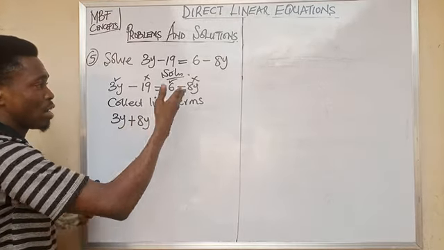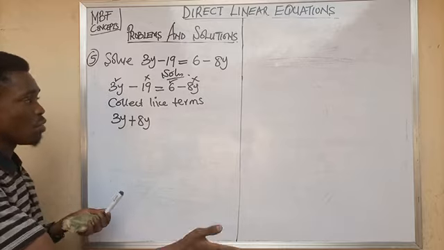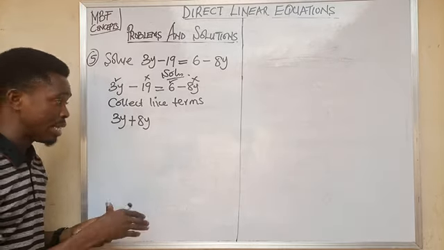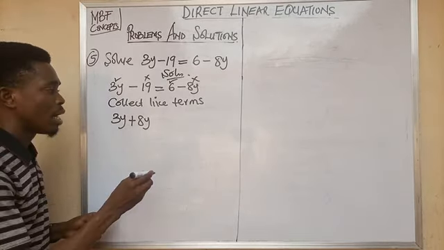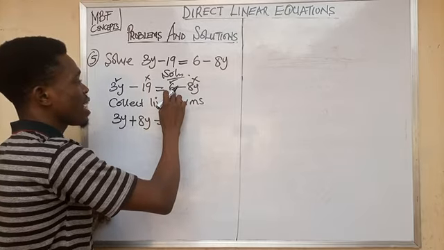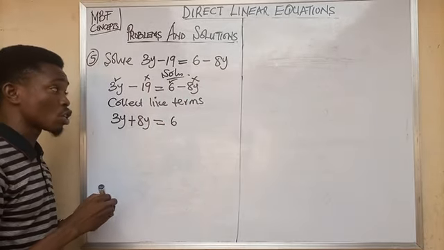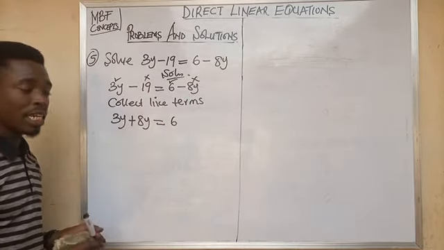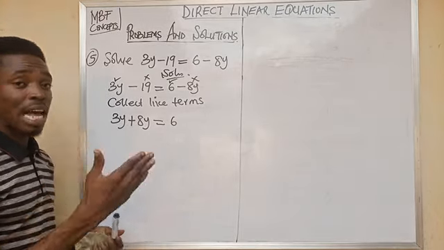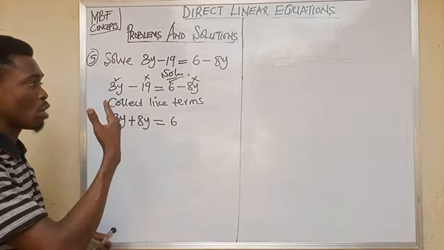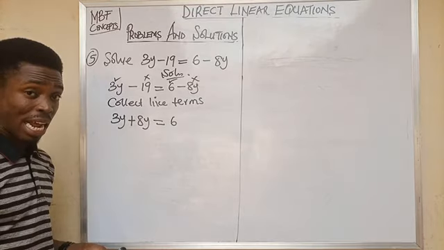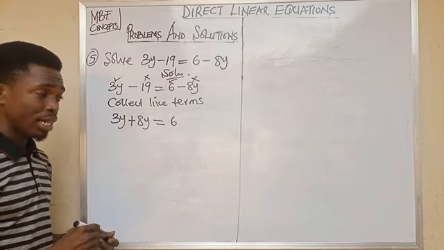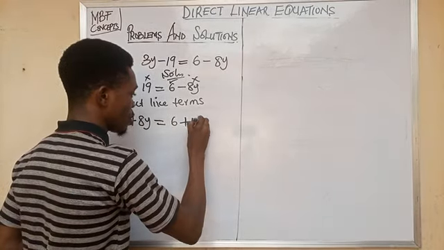Equal to, what will be here is 6. Put down 6 that was rightly positioned. Then we are going to move minus 19 from the left hand side to the right hand side. When minus 19 crosses from left to right, rule number 3 will also be obeyed, and it will become plus 19.